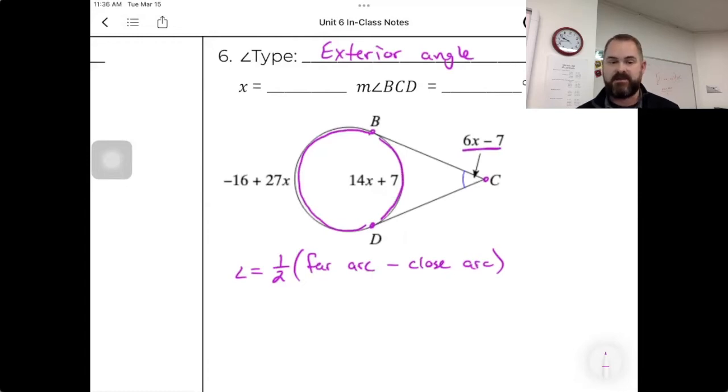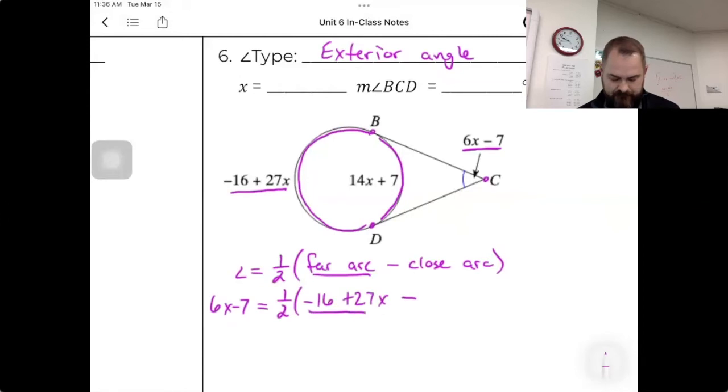So this is your angle expression. I'm going to replace the angle symbol in this formula with 6x minus 7. And the far arc expression I'm going to replace with negative 16 plus 27x. I'm going to put my minus sign. And the close arc expression gets replaced by 14x plus 7. Now, this is a little bit of a problem, and I want you to be careful here.